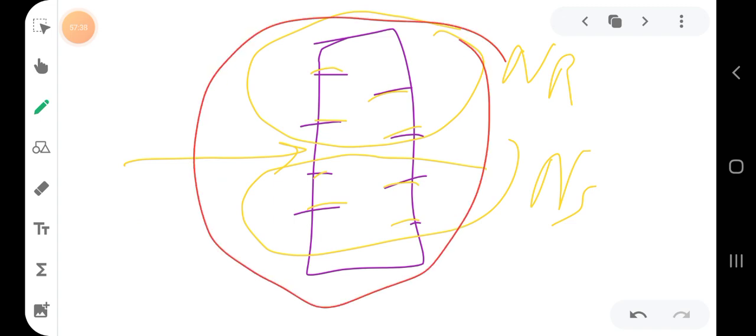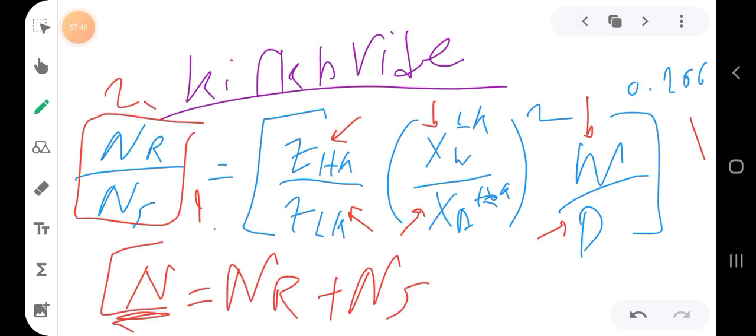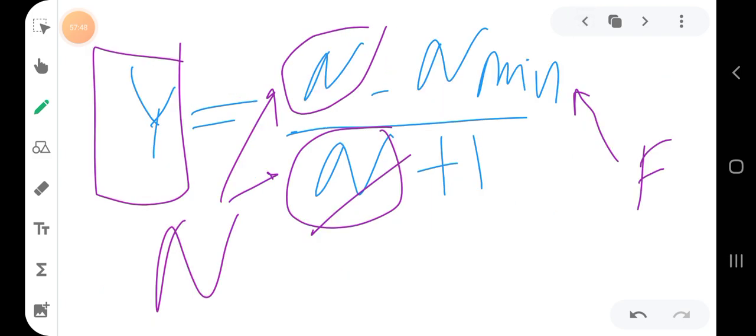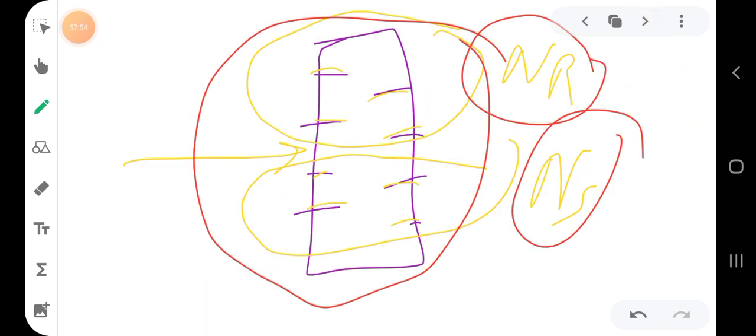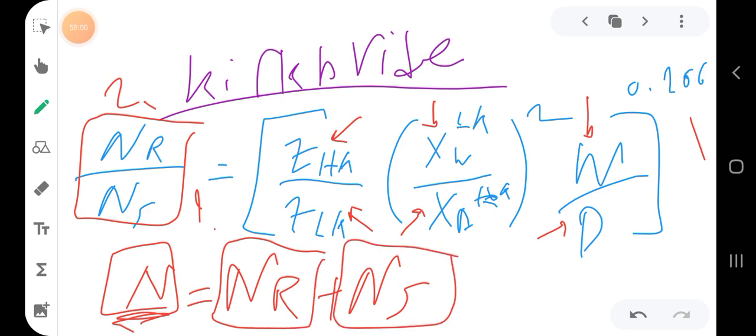You know this N from the Gilliland correlation. Once you know N, you have two unknowns and two equations, and you can solve them simultaneously to get NR and NS.